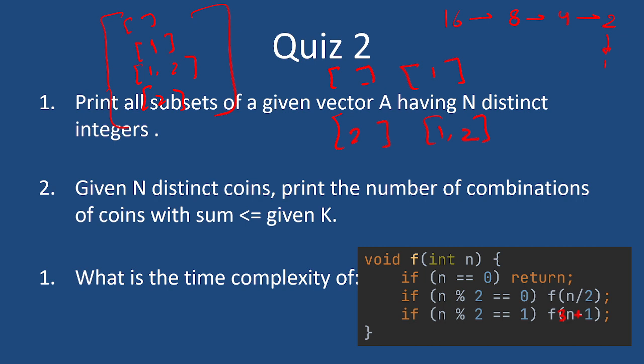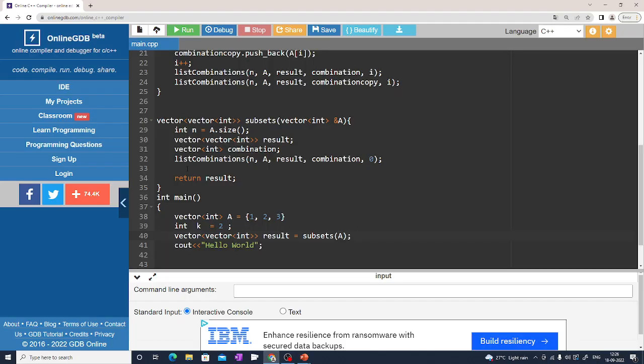All right. So there are 3 coins, 1, 2, 3. Their values are 1, 2, 3. Given k is 2. What will be the combinations? If you see here, combinations can be only empty, only 1, then only 2, and nothing else. 3 combinations. So we get the result.